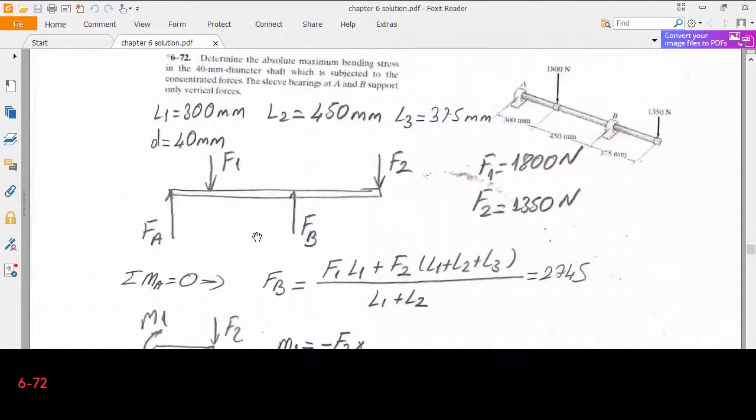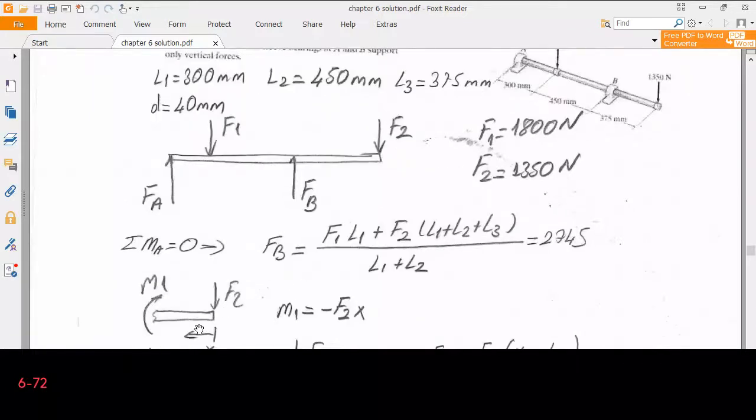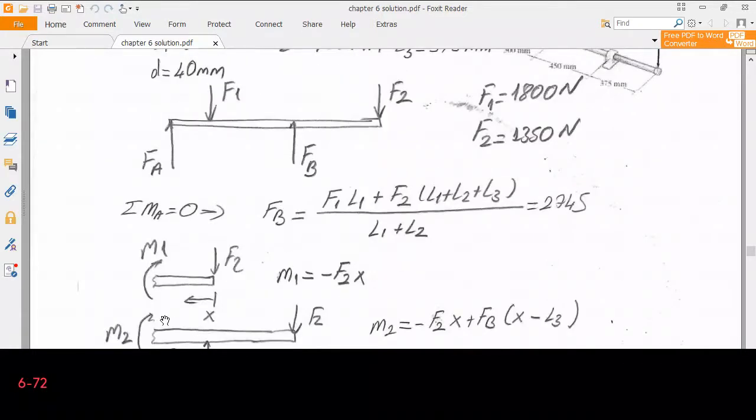Second cut will be made between F1 and Fb here. As a result, I will have M2. So I will calculate the moment with respect to the cut always. So this will eliminate the shear force at the interface. Therefore, I don't need to write the contribution of the shear force to the moment.